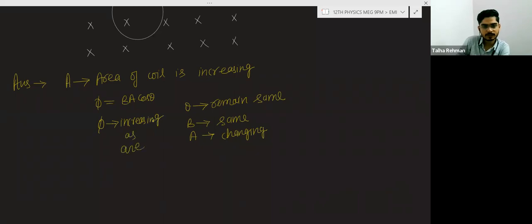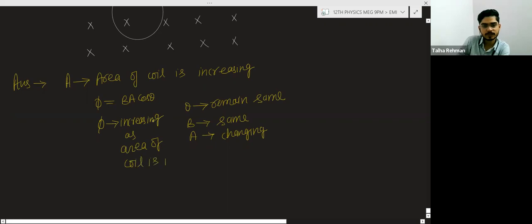As the area of the coil is increasing, from this formula, the flux is increasing. If the flux is increasing, there will be an induced current in this coil.